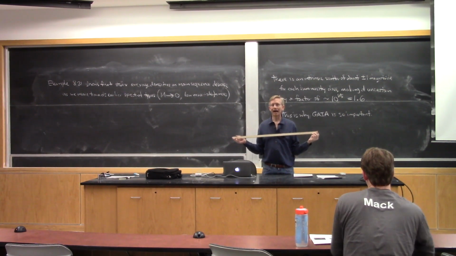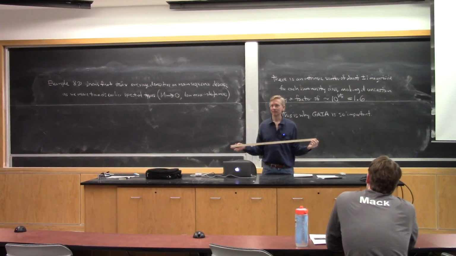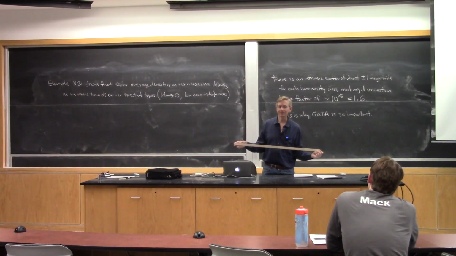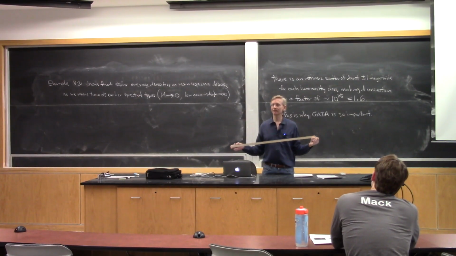So, how many centuries are there in a million years? A million years is 10 to the 6 years. A century is how many years? 100, 10 to the 2. So how many centuries in a million years? 10,000, yeah. So a million years is 10,000 centuries.